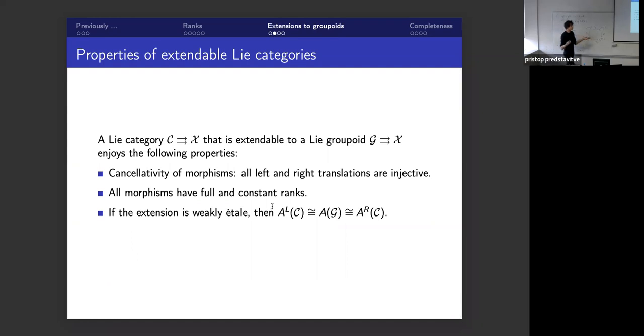But in a general Lie category, there is no such thing as inversion, right? So we have to bear in mind that left and right algebroids may be non-isomorphic, but that's not the case with weakly étale extensions. And this is also basically just a consequence of functoriality.